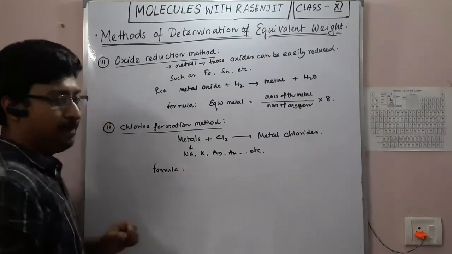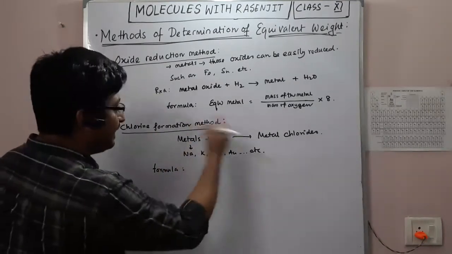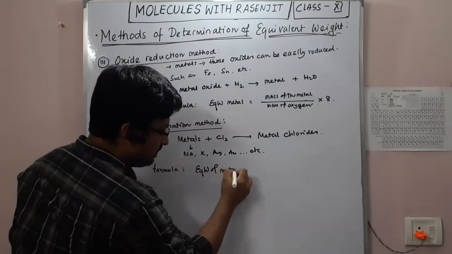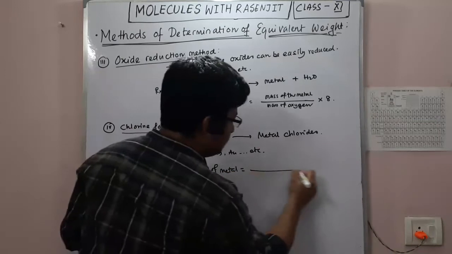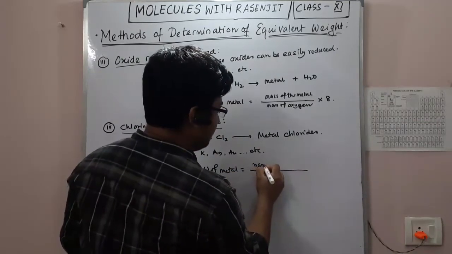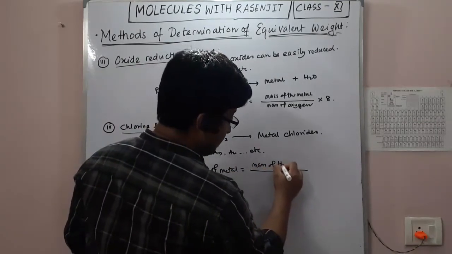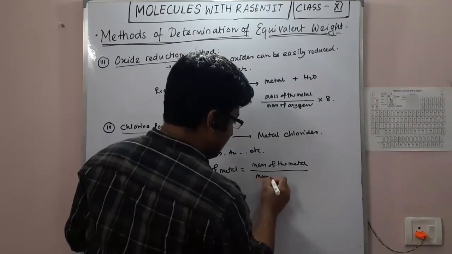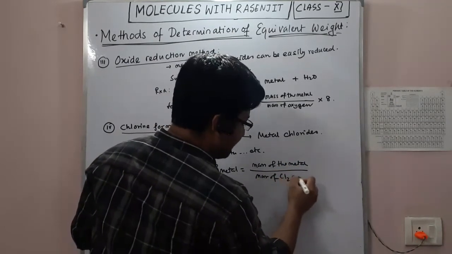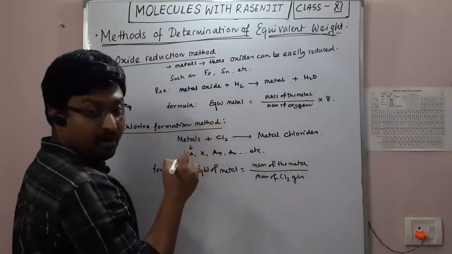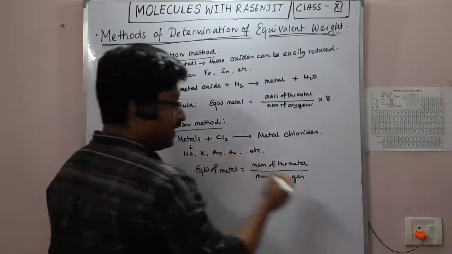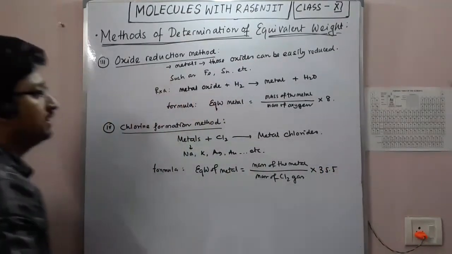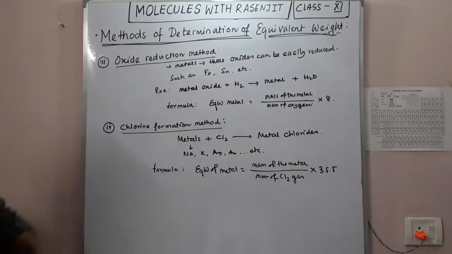Like the others, the equivalent weight of the metal is equal to the mass of the metal divided by the mass of the Cl2 gas, multiplied by 35.5. So this is the chlorine formula.